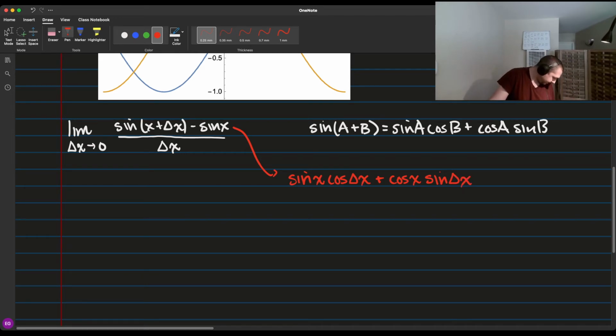Okay, good so far? And we have minus the sine of x. If you look at these two terms, they share sine in common.